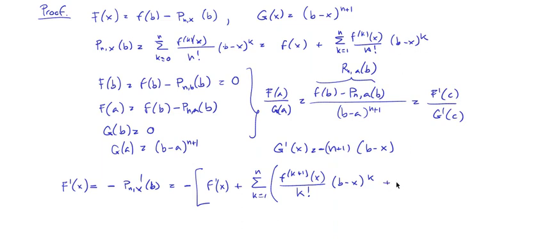So we have the kth derivative of f at x, then we have k, but divided by k factorial we have k minus 1 factorial, right? And then we have (b minus x) to the k minus 1 times minus 1, because that's the coefficient of x, right? Okay, this is all equal to minus this.